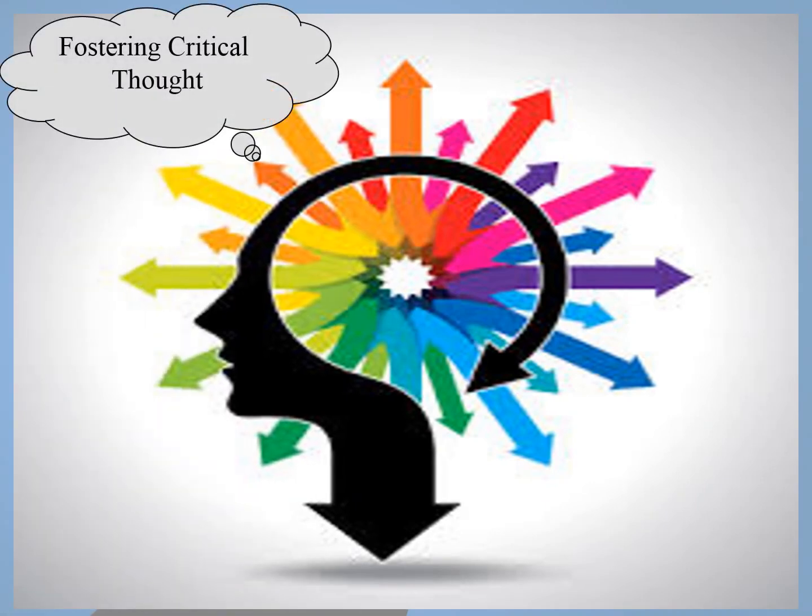So how can one foster critical thought? The process of critical thought is rooted in discipline, exemplified by being true to the standards of thought, testing one's thought process for clarity, accuracy, specificity, relevance, logic, consistency, depth, and significance.